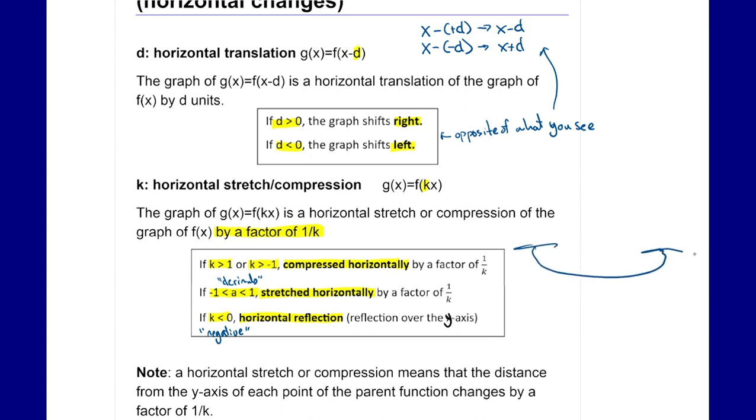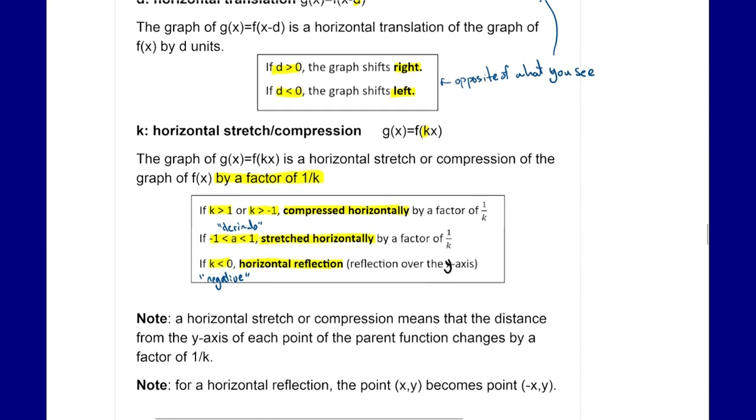And a reflection would basically be if I just flip it over the y-axis. So if I had the y-axis here and I flipped it over, it would look something like this. Now with a quadratic, it might not be easy to see that flip, but that's the flip that we're talking about, going in this direction rather than this, which was the vertical reflection.